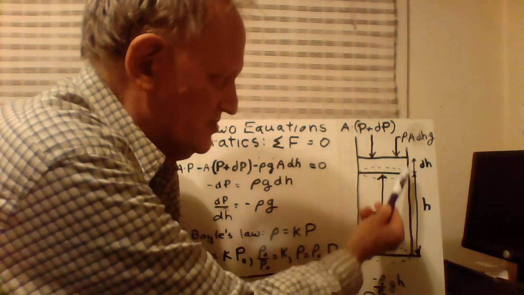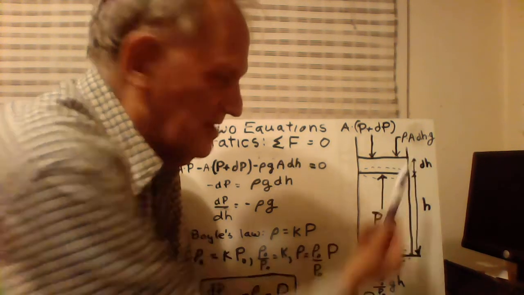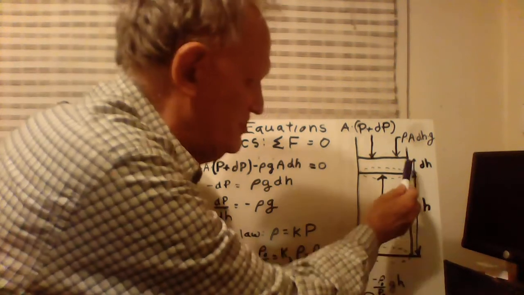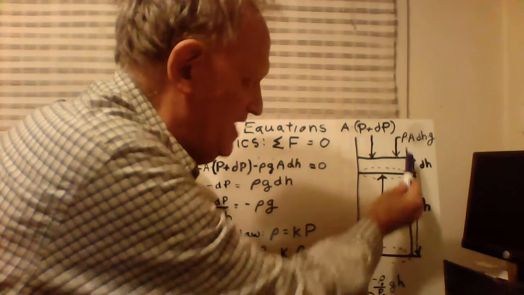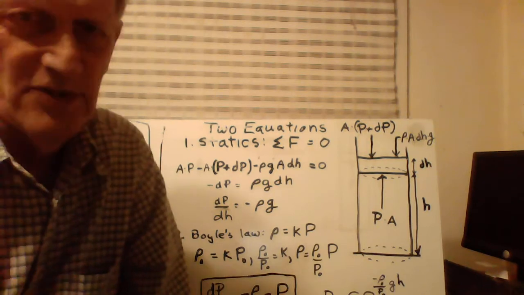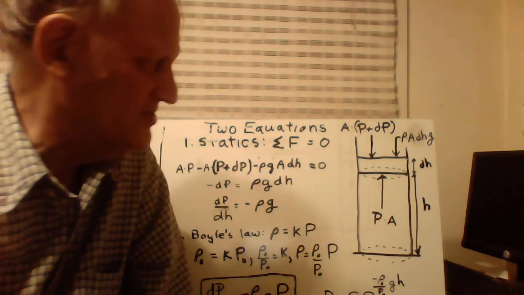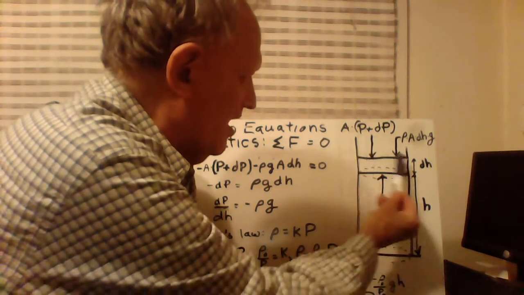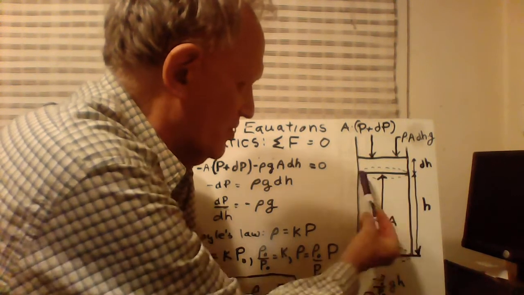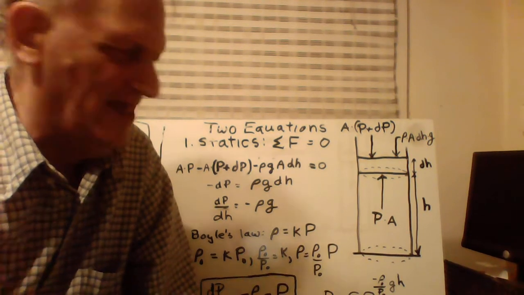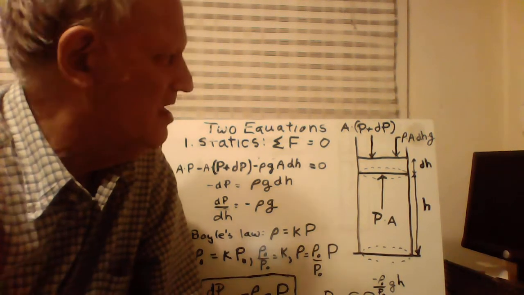And the upper slice of the air we say is at h plus this small piece dh above ground level. So the air pressure is less up on that upper slice than it is on the lower slice because the air pressure continually gets less and less as we go upward.